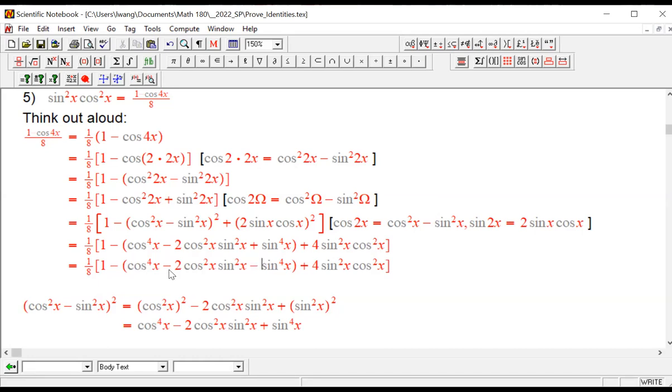I'm gonna remove the parentheses. Let's see, can we reduce something? It looks like we can, right? This is like a 4, this looks like a 2, this is 2 times that, and this is 4 times that, so we get 6 times it.